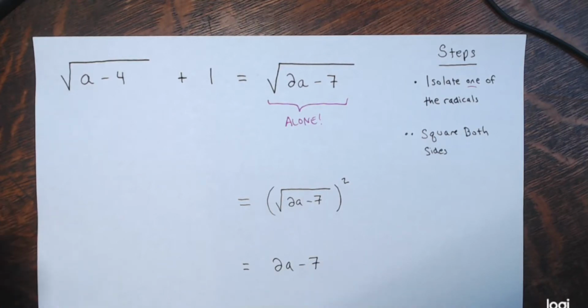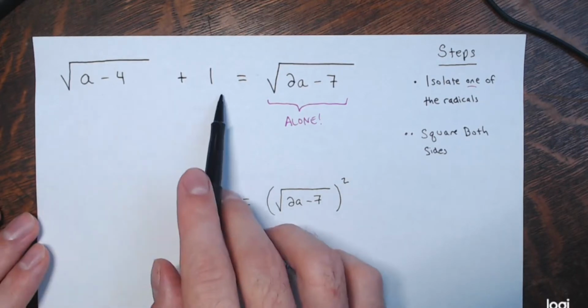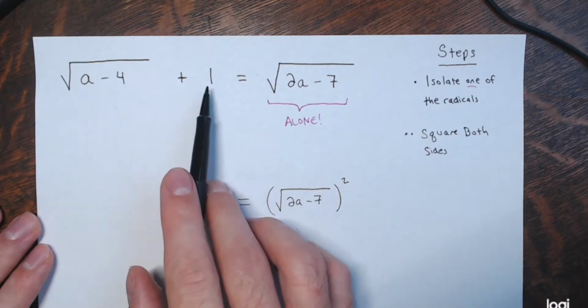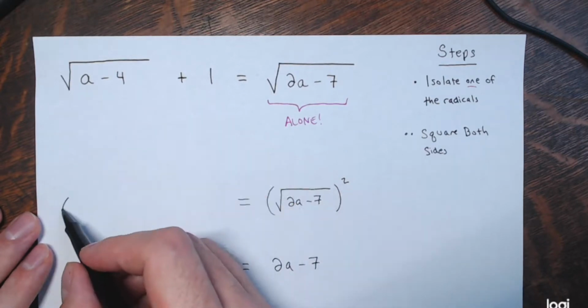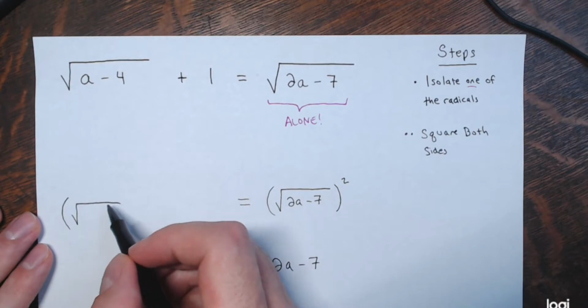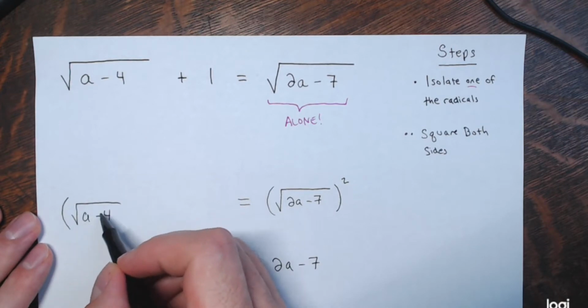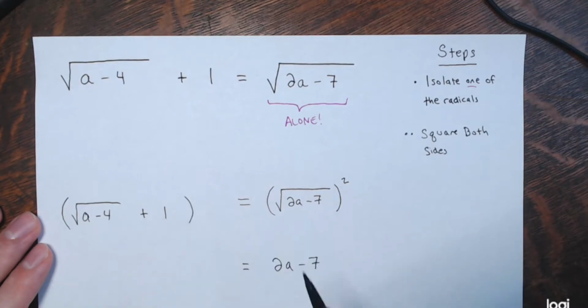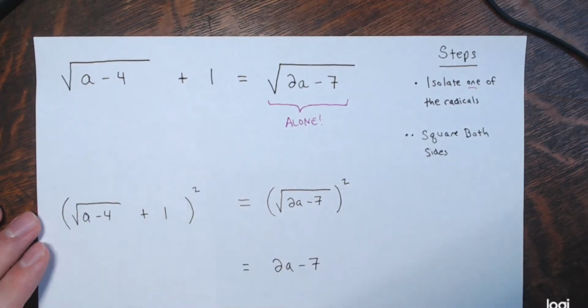The right side is the easy one. It's the other side that has two terms. There's a radical term plus a non-radical. Remember, we're taking that entire side, the square root of a minus 4, and then plus 1, and we are squaring this.